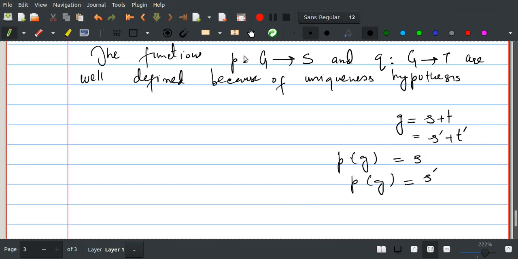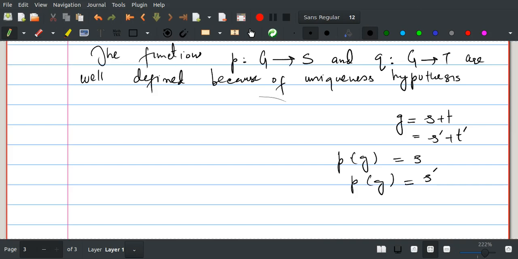Because this P, they are actually called the projections. Now given that s and s prime are not equal, this implies P of g is not equal to P of g, which is absurd. So this makes sense only when s and s prime are equal. Similarly, we can show that Q is well defined, which follows again by the uniqueness hypothesis.